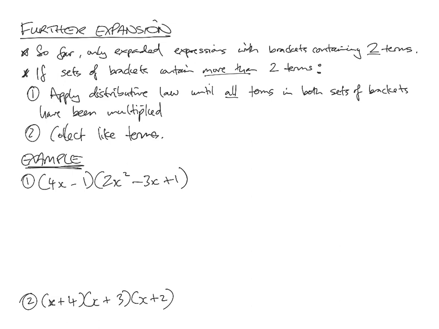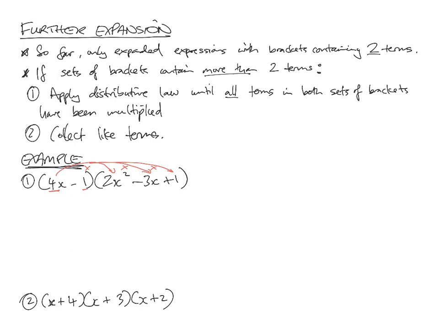So what do I mean by apply distributive law until all terms in both sets of brackets have been multiplied? You are doing this. So this is the first term in the first set of brackets. This is the second term. First term needs to be multiplied by this one, needs to be multiplied by this term, and needs to be multiplied by that.